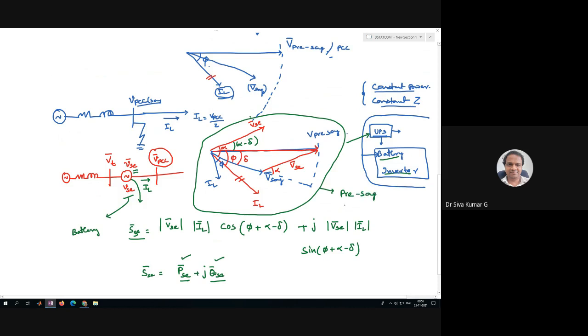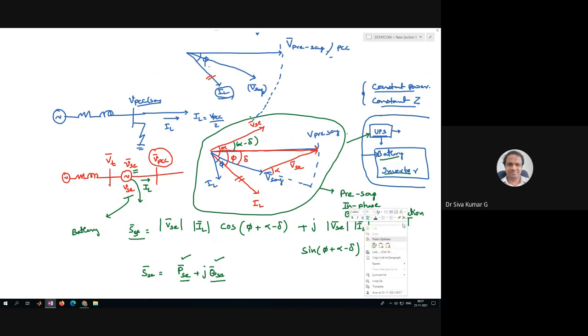There is also an in-phase voltage injection. These are methods available in the literature, and I have covered the in-phase injection in my recordings also. And people say there is a quadrature injection as well, but I'm not agreeing with it.